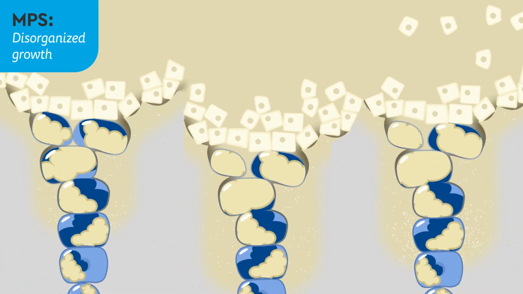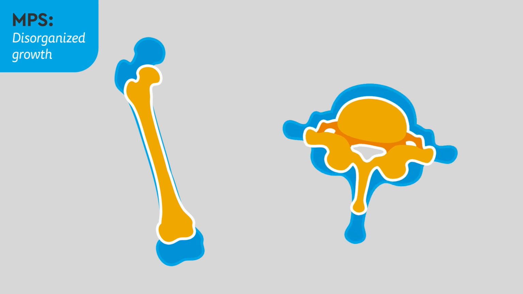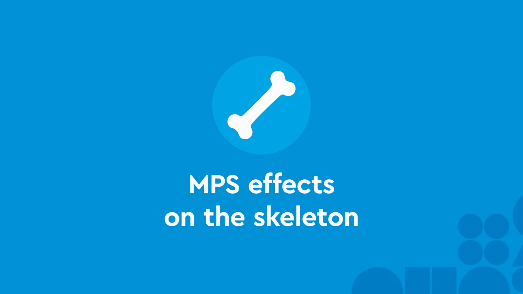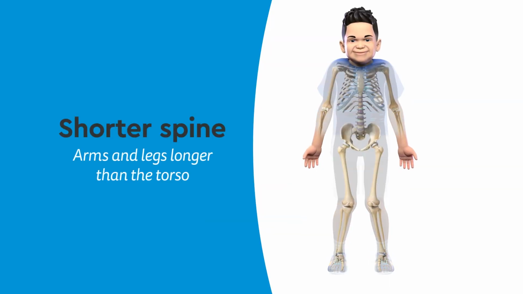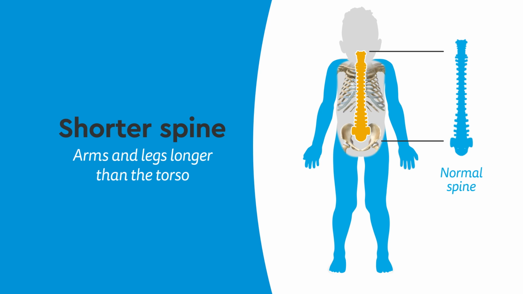Fewer bone cells grow in long columns, and bones tend to grow shorter or smaller. This affects the skeleton in many ways. The spine can be shorter, making the arms and legs longer than the torso.